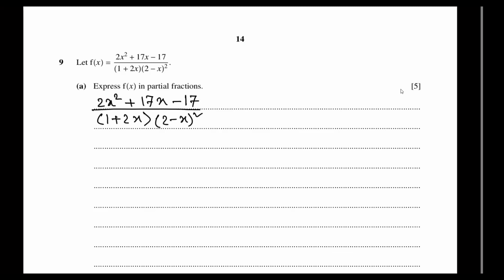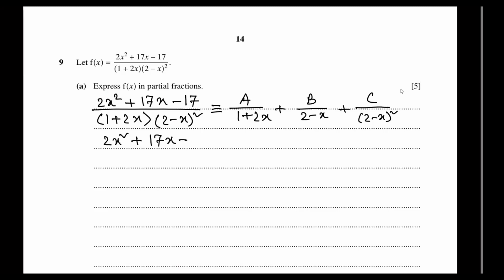In partial fraction, there will be 3 fractions. So A by 1 plus 2x, and in the denominator is 2 minus x repeated twice. So you have to take 2 minus x single first, then here the square. That will make 3 fractions on the right side. Now, if you multiply both sides by the denominator of the left-hand side, we'll have x square plus 17x minus 17.